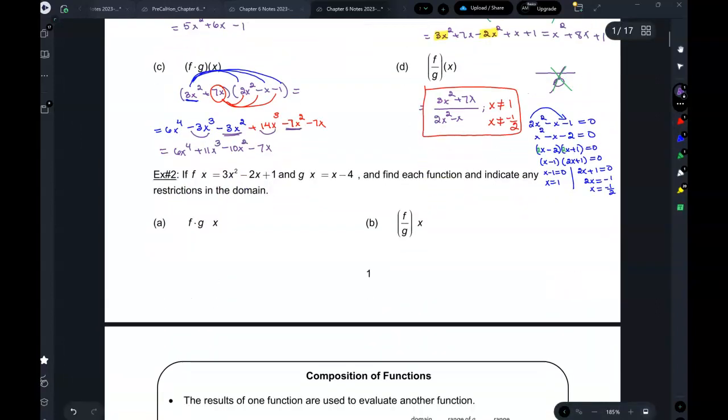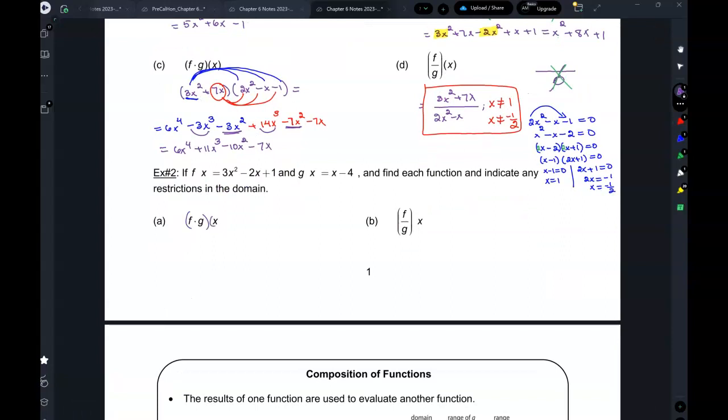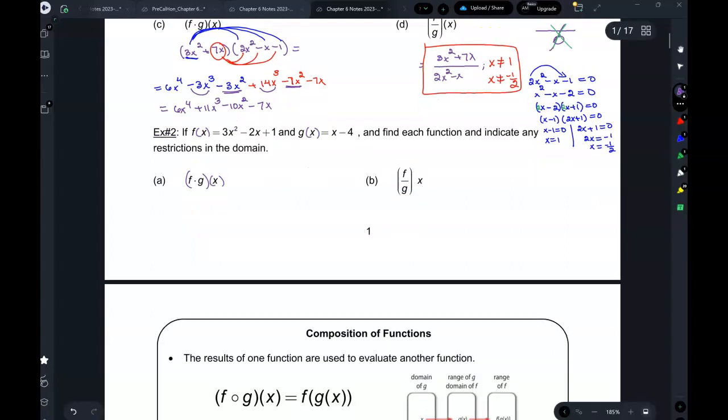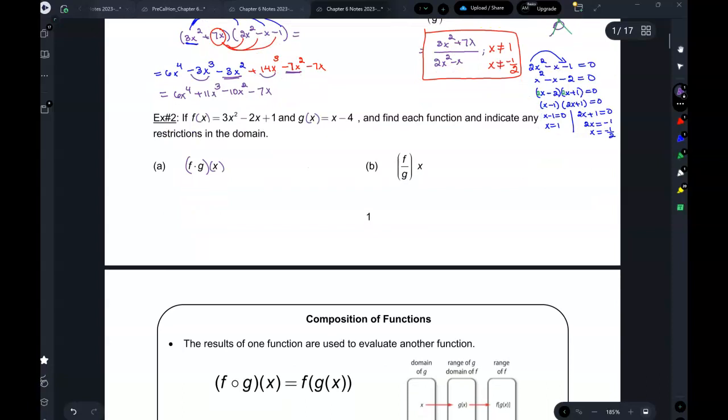So here, f times g of x, these should have parentheses. Okay, so let's do another one. We have f times g of x. So I'm going to multiply f times g.